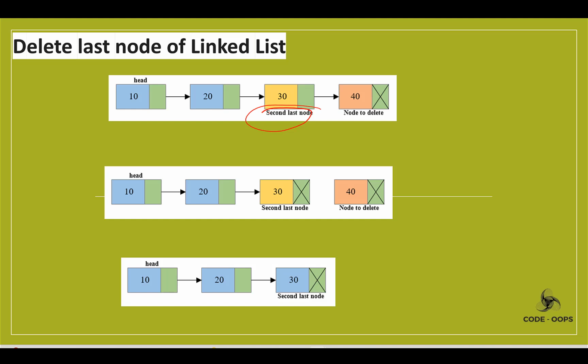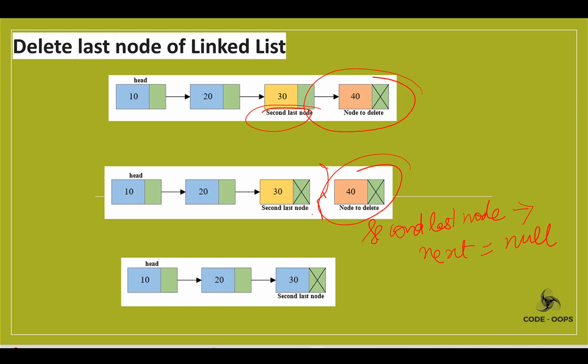Else disconnect the second last node from the last node, that is, second last node arrow operator next is equal to null. Then finally free the memory occupied by the last node.